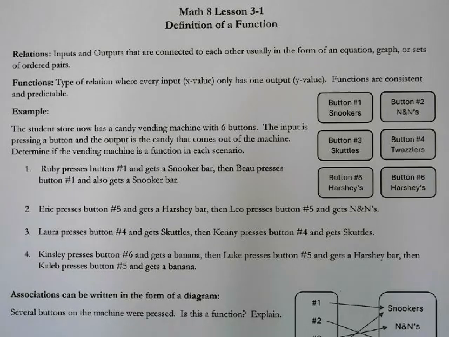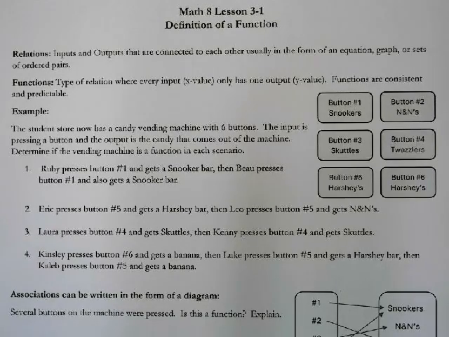Ruby, she's hungry, presses button number 1, boom, out pops a Snickers bar, and she runs away happy and rejoicing. Bo comes up and he presses button number 1, and he also gets a Snickers bar. They're both pretty happy. They pressed button number 1, and Snickers bars came out both times. So, is this a function? Yes, that's predictable.